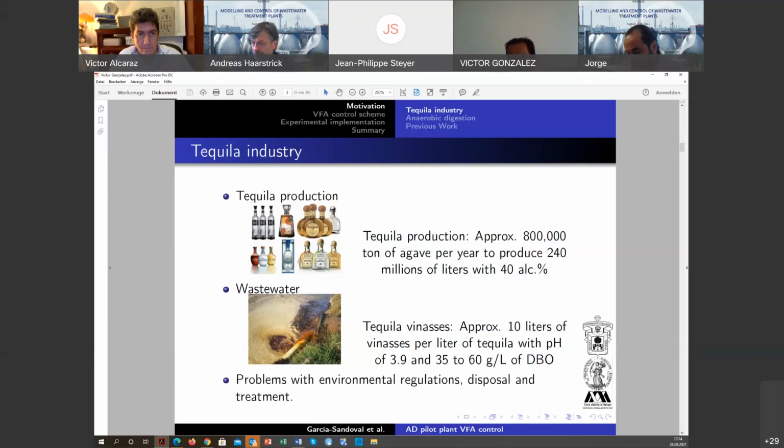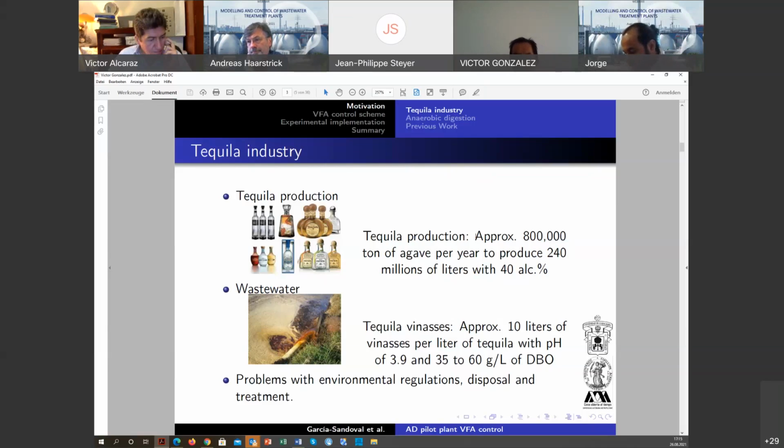The range of the BOD, biochemical oxygen demand, is really high, at least 10 times as high as domestic wastewater.